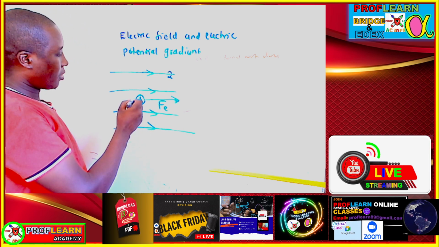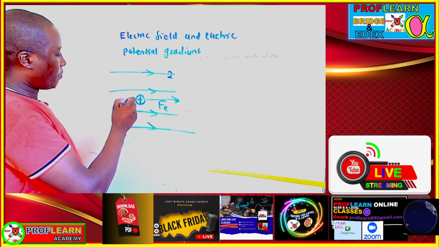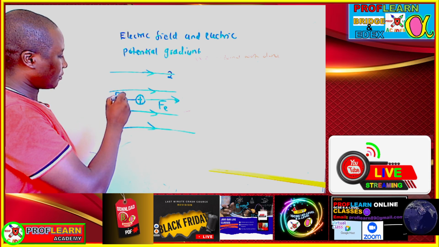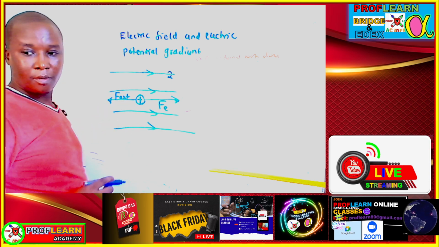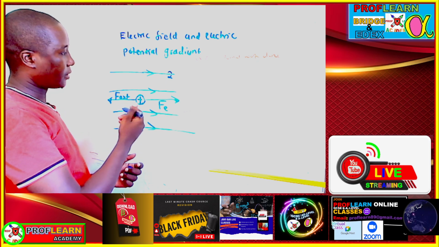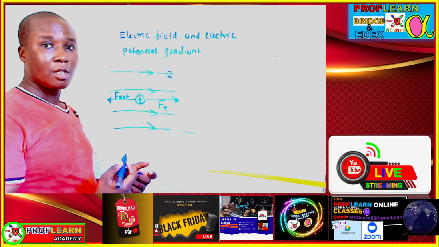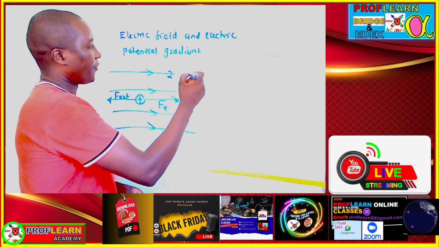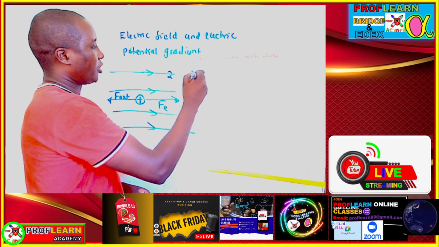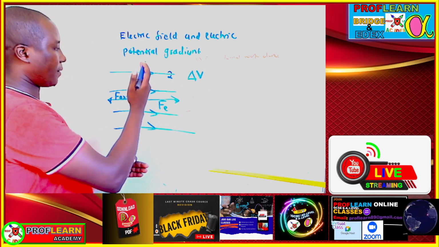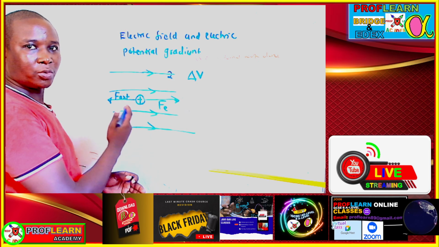But if you apply an external force against the direction of the field, you'll be doing work, and this will develop a change in potential difference, because you're moving from a lower potential to a higher potential.